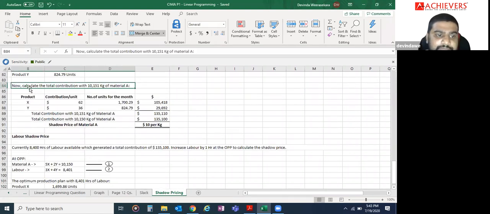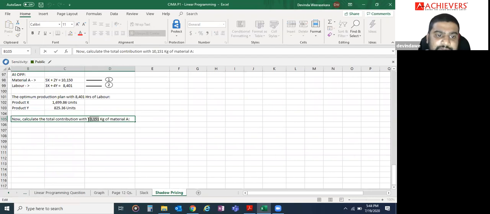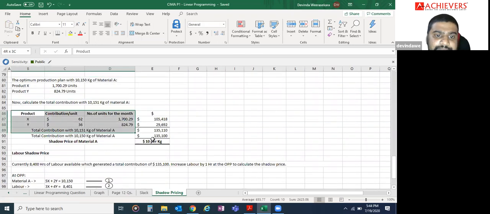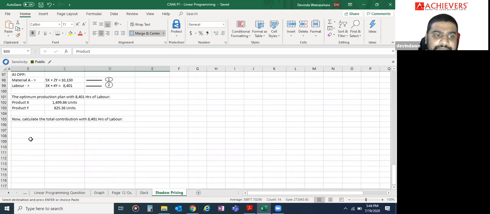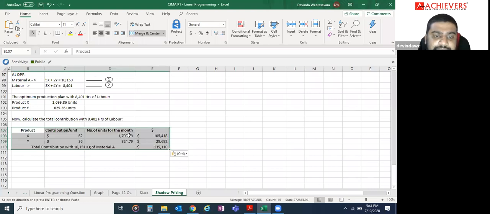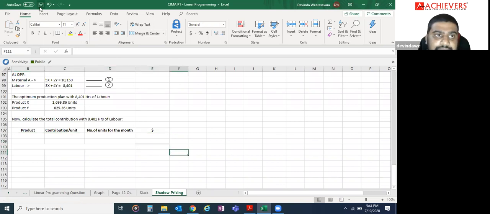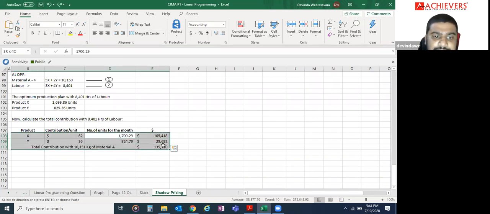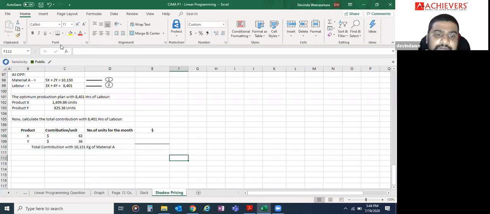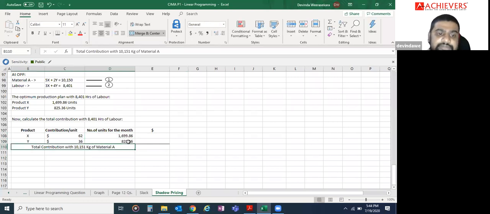So now we need to calculate the contribution with 8,401 hours of labor. 1,699.86 units and 825.36 units.